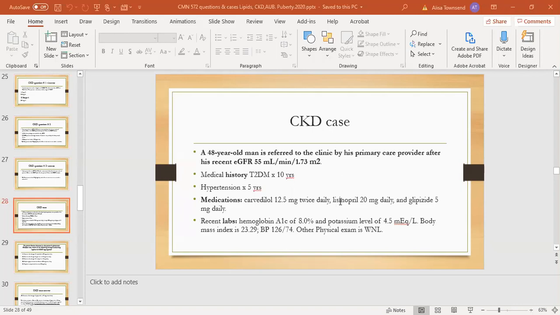Medications: carvedilol 12.5 twice daily, lisinopril 20 milligrams daily, glipizide 5 milligrams daily. Recent labs: hemoglobin A1C is 8, potassium 4.5 mEq, BMI 23.29, blood pressure is 126/74. Other physical exams within normal limits. To prevent further decrease in the patient's glomerular filtration rate, what's the most appropriate thing to do?